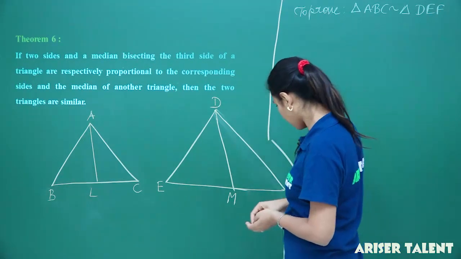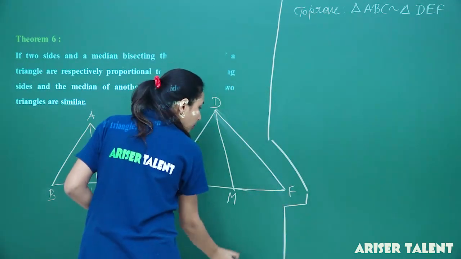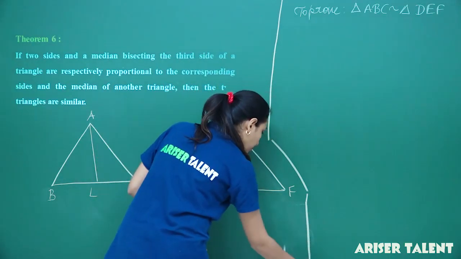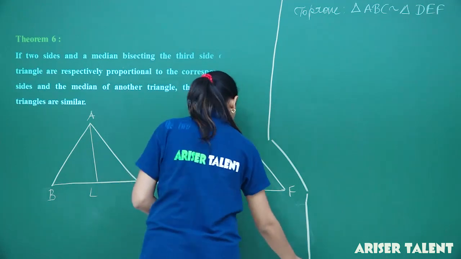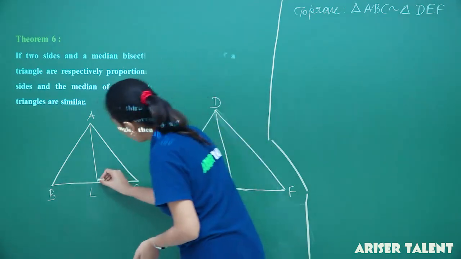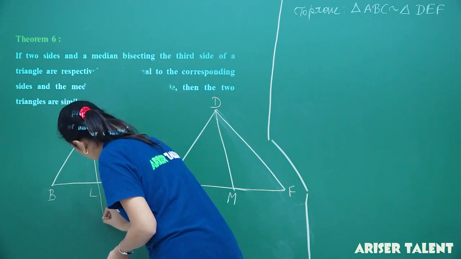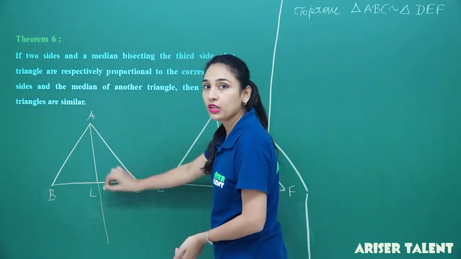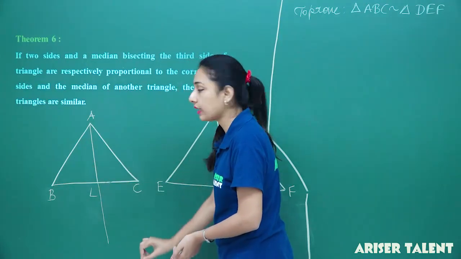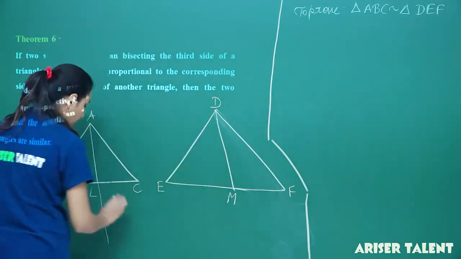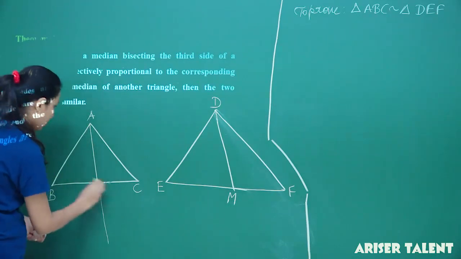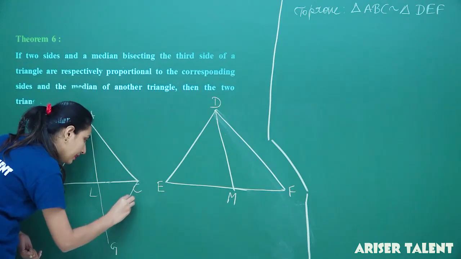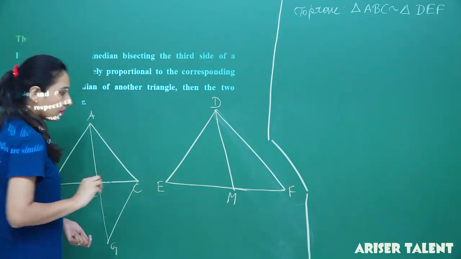Okay students, so I am going to do something here in these two triangles. By construction, I am extending this AL to here, so that this AL will be equal to this particular line. Let's mark it G, and join them.